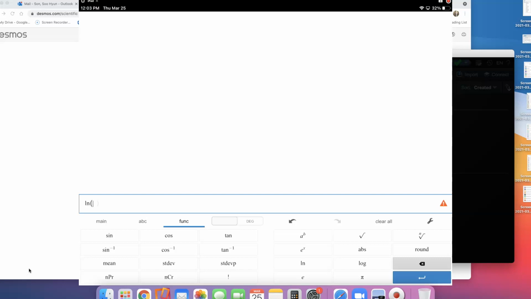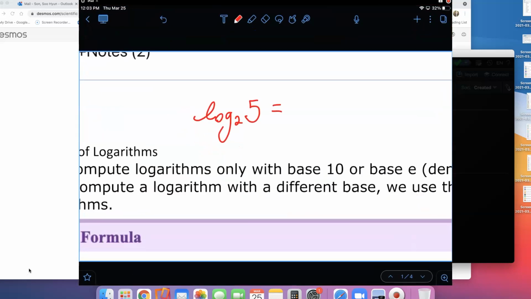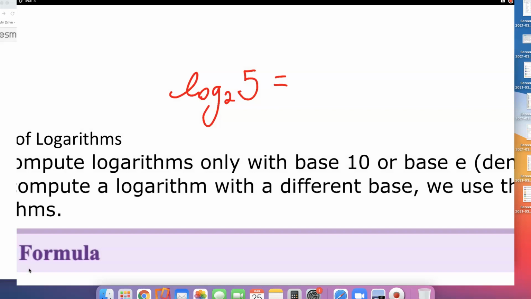There is this formula called change of base. So I'll show you that in this picture, in this lesson. If you have log base 2 of 5 and you don't have a calculator that will evaluate this, what you can do is natural log of 5 divided by natural log of 2.